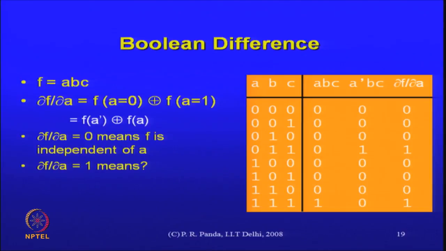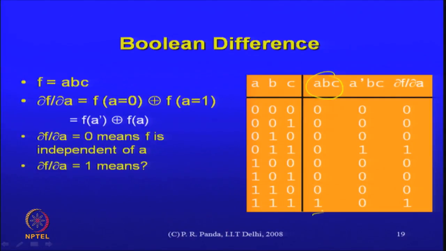So, suppose you have a function f of 3 variables. This is an AND gate with f as the output and A, B, C as the function inputs. So, that is the normal output ABC, which is 1 when all the 3 are 1, otherwise it is 0. Let us define the Boolean difference operator as follows.